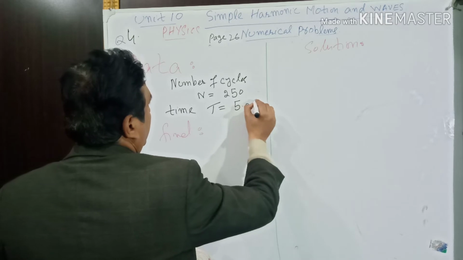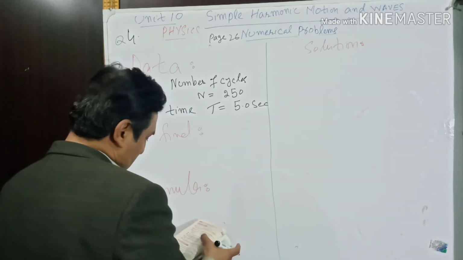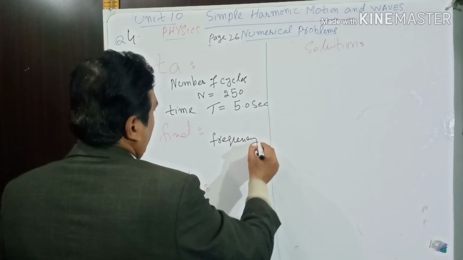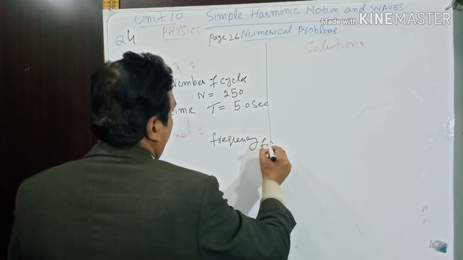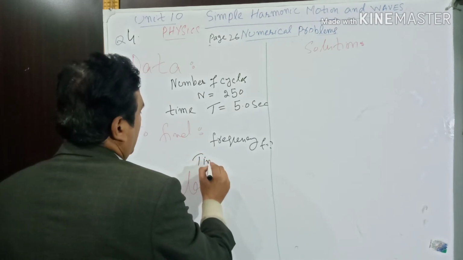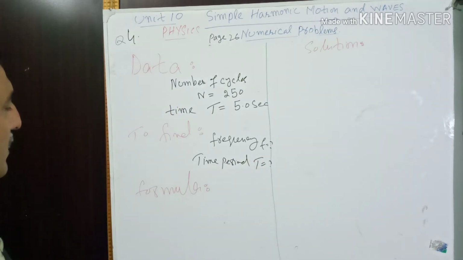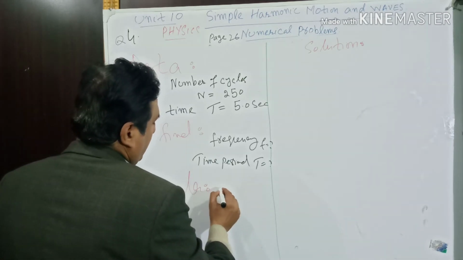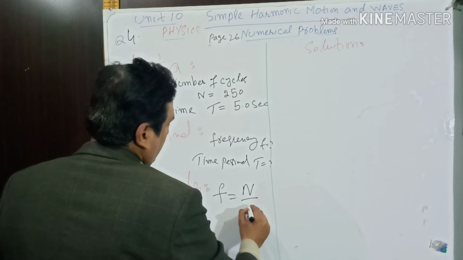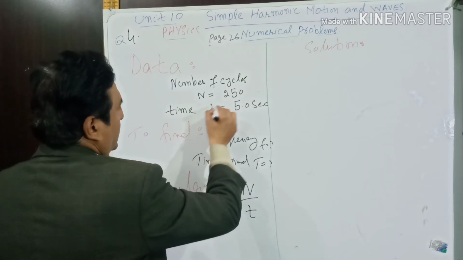Five, 0.0 second. To find frequency, F, and time period, T. Frequency can be found by the formula F is equal to N divided by small t.